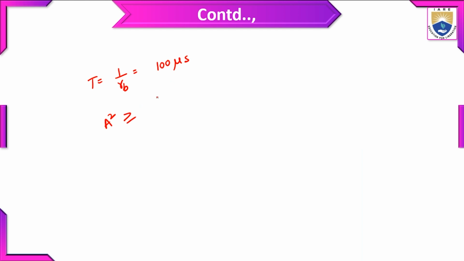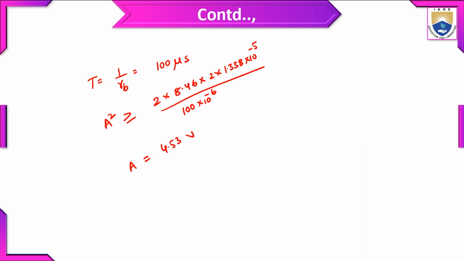A square is greater than or equal to 2 into 8.46 into 2 into 1.338 into 10 power minus 5, whole divided by 100 into 10 power minus 6. By using a calculator we solve all these values. Finally my amplitude A is 4.53 volts. This is the solution for the given problem.